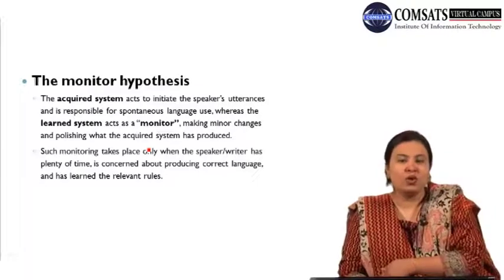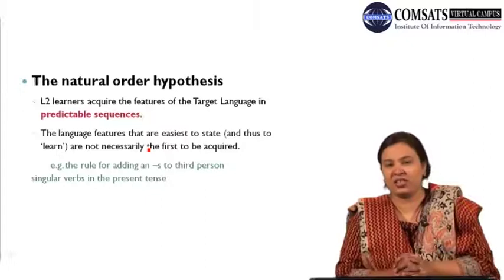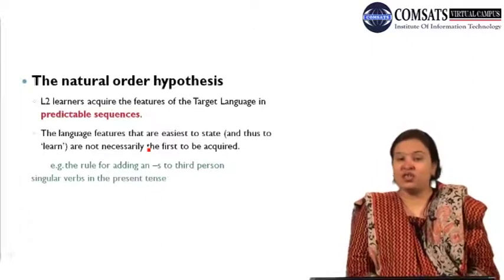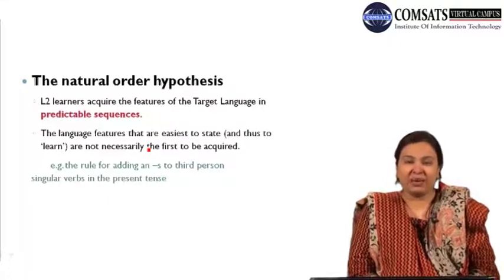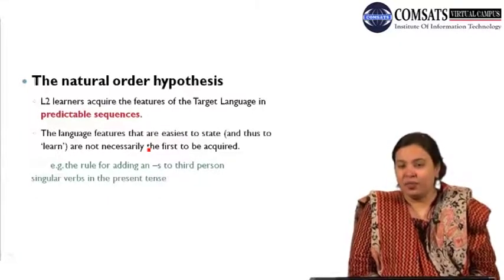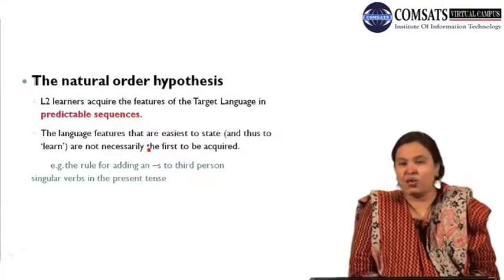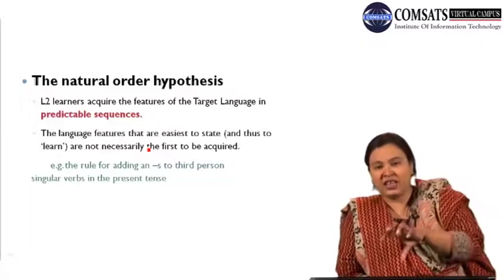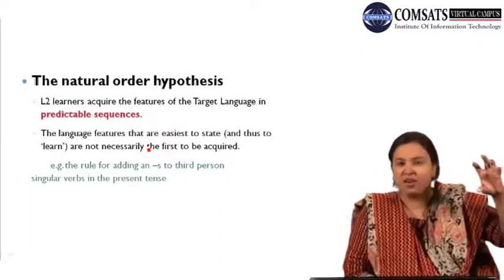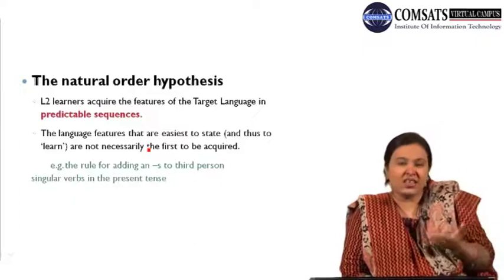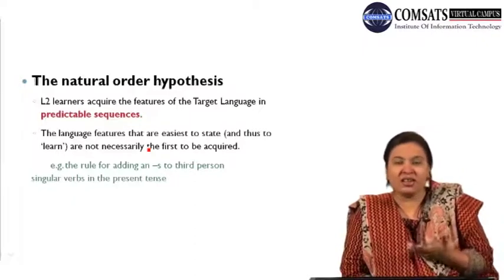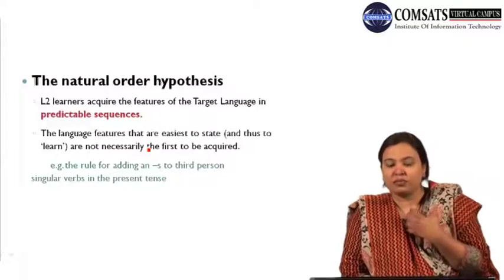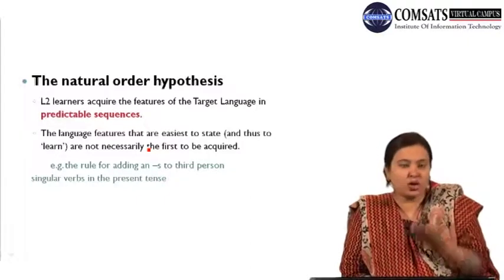Then, at the third level, we have the natural order hypothesis. According to Krashen, learning does not happen in a proper order. We cannot argue that children move in an order, learning easy things first and then complicated things. There is an order, but it is not set by the learners or by the linguists, and there is no explanation.